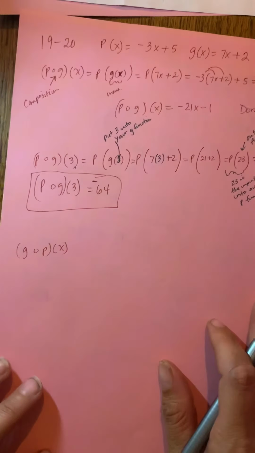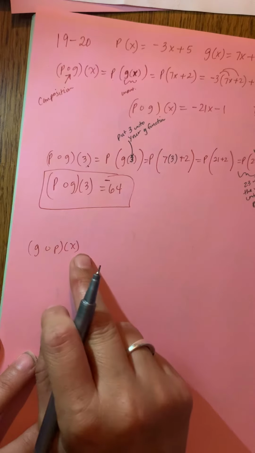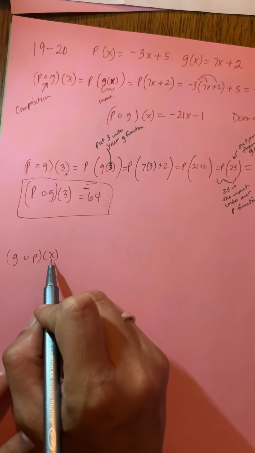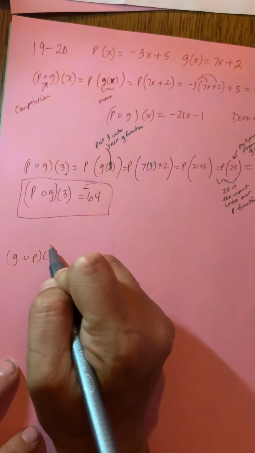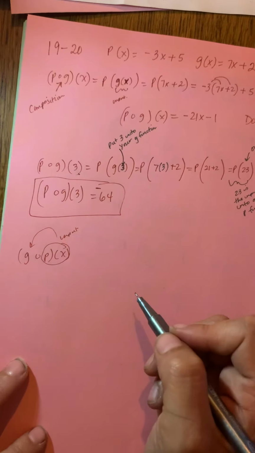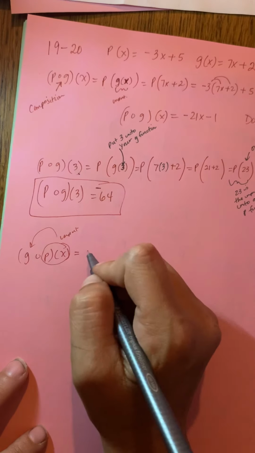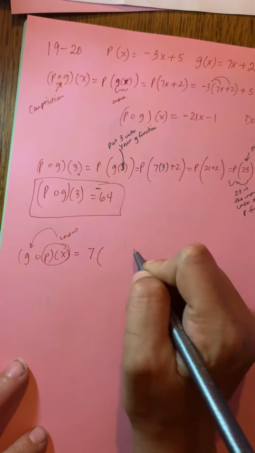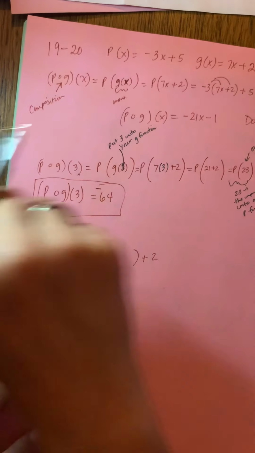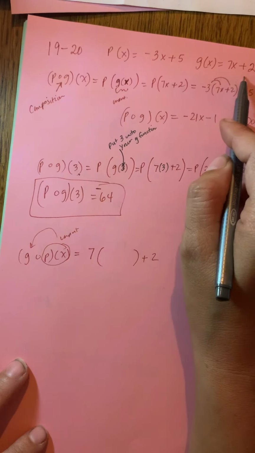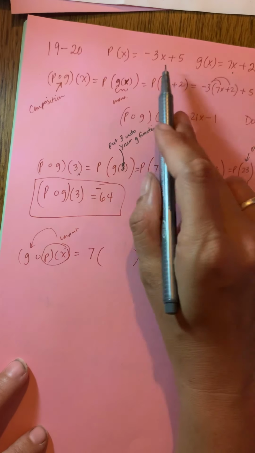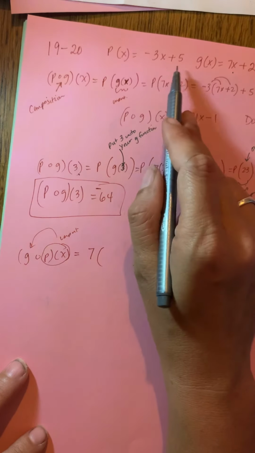Okay, what about G of P of X? How do we process this problem? No numbers here, so it goes back to the other style where the P will be my input into the G function. So what does this mean? Well, my G function is 7x plus 2, but now every place I have an x in my G function, I want to put the whole P function.